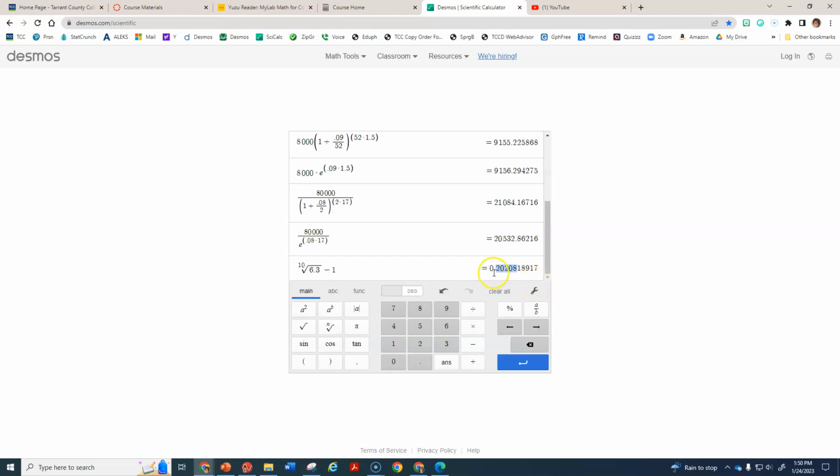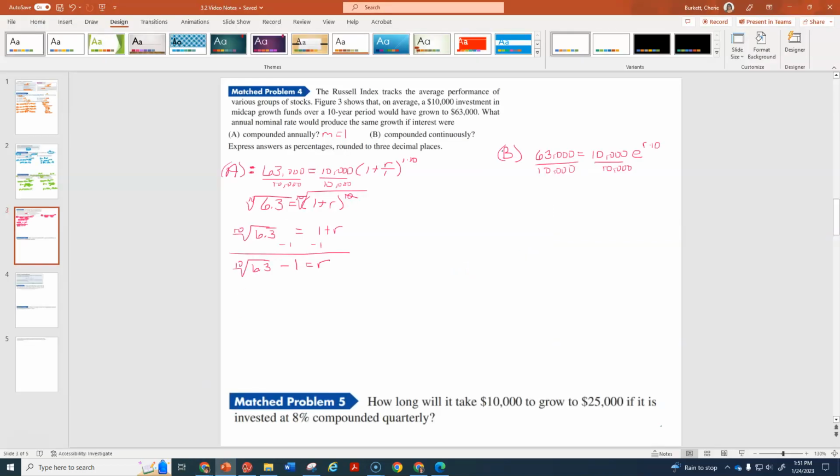So that's what I'm going to write down, 20.208%. The number next to that is a 1, so the 8's going to stay an 8. So 20.208% is the interest rate that I will need.